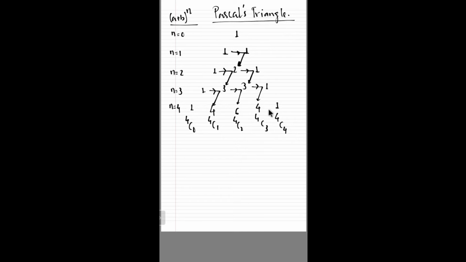Now if you know up to a certain row of this triangle, then from the previous rows we can always find the next row, the upcoming row of this triangle. So that means if you know the coefficients for n is equal to 4, then from that you can know the coefficients for n is equal to 5 also. And in an inductive way we can find the same thing for all the values of n.